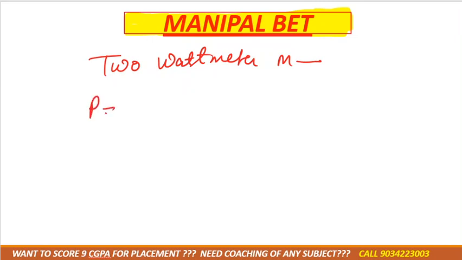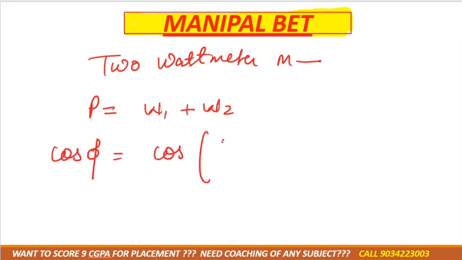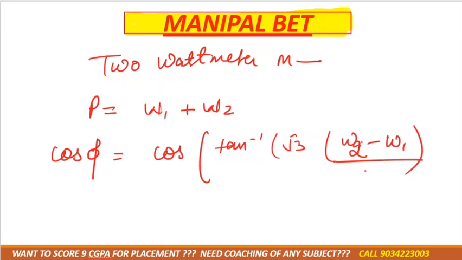The total power consumed is W1 plus W2, and if we want to calculate cos phi, cos of tan inverse root 3 of W1 minus W2, actually in your handbook. I'm moving according to your handbook. W2 minus W1 or W2 plus W1. So you have to remember this formula as well.